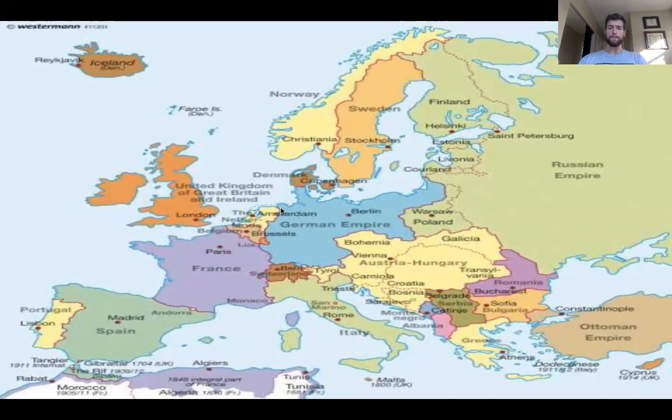For the most part, everything to the west of Germany, France, Spain, Portugal, the United Kingdom, and Italy is pretty much the same. But everything to the east of Germany, especially in Eastern Europe, is going to look a lot different.